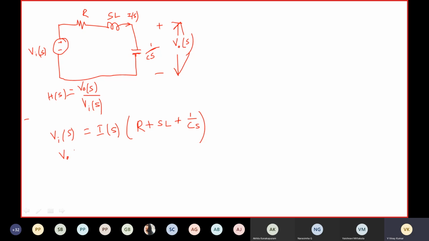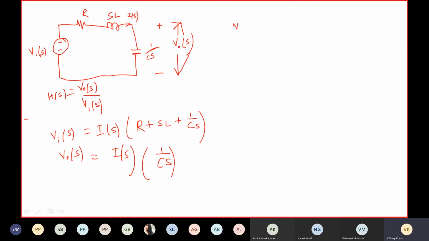What will be V naught of s? V naught of s is equal to I of s into 1 by CS, current into impedance.